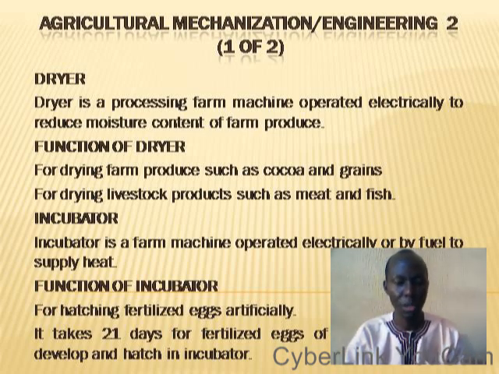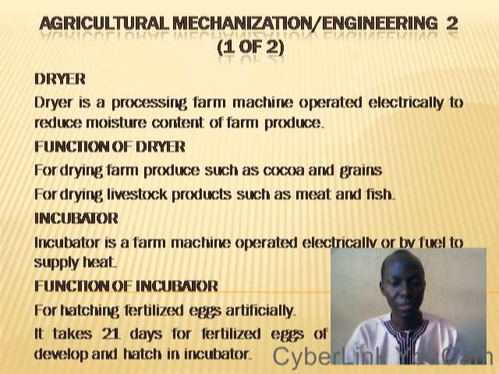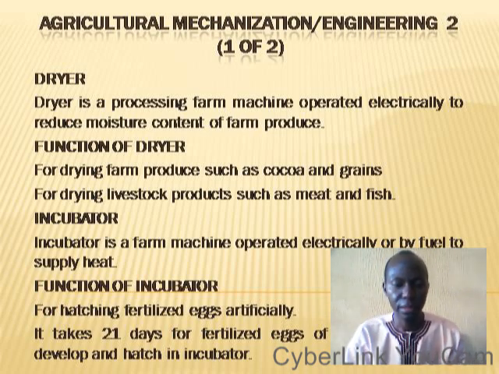And the function of the incubator is for hatching fertilized eggs artificially. But it takes 21 days for fertilized eggs of a domestic fowl to hatch in the incubator. It takes 21 days.